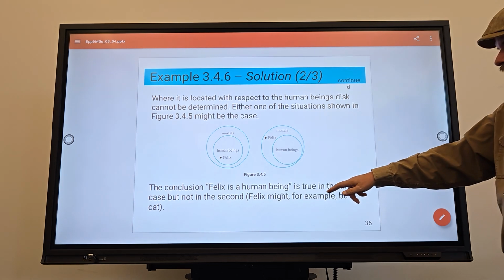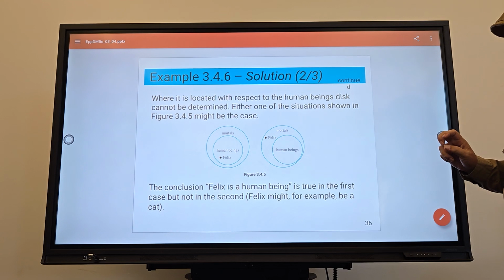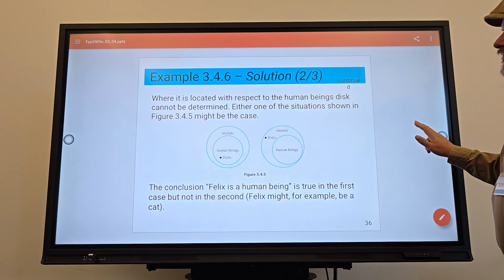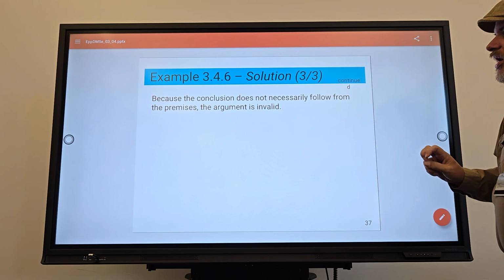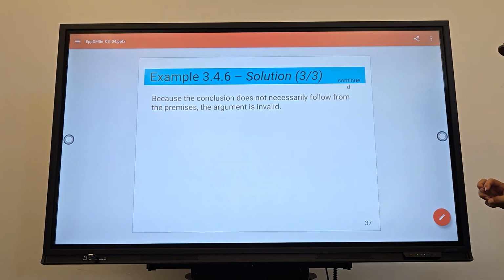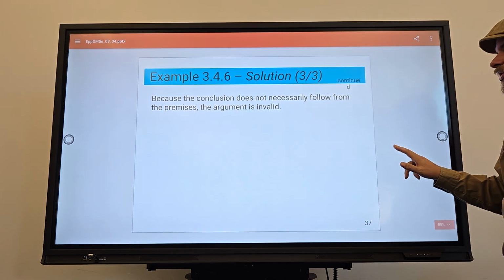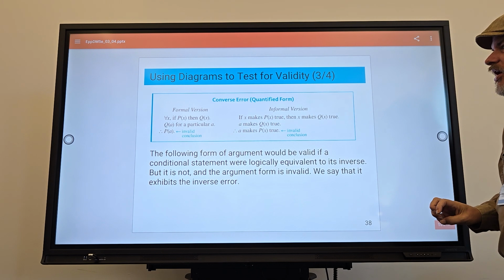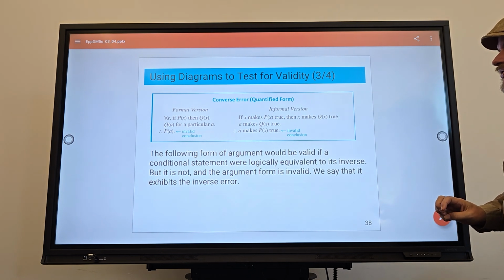As they say here, Felix might, for example, be a cat. Cats are also mortal, but not human beings. Because the conclusion does not necessarily follow from the premises, the argument is invalid. So, converse error.